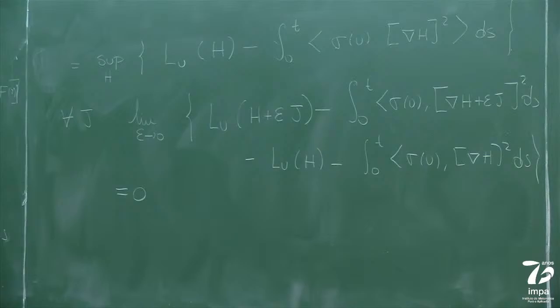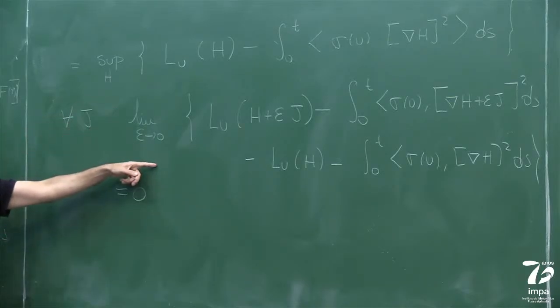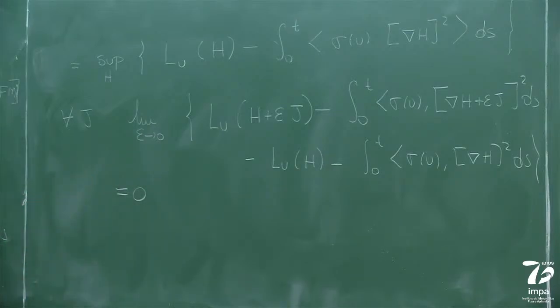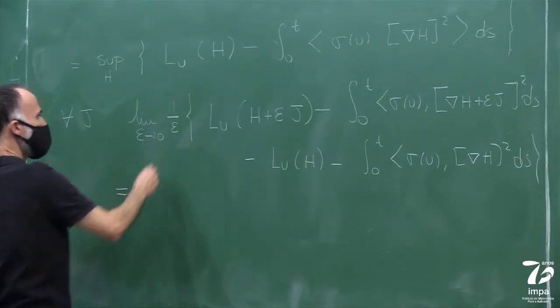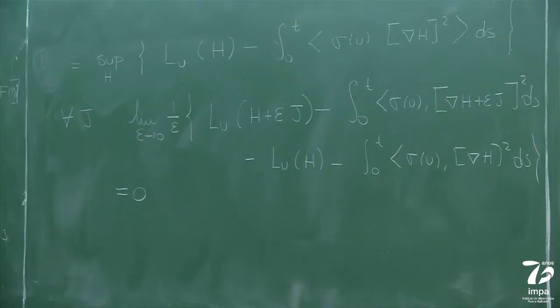Right? So this is saying that if there is one which maximizes, it has to satisfy this equation. Okay? So you're just saying that the derivative along a function j is equal to 0.